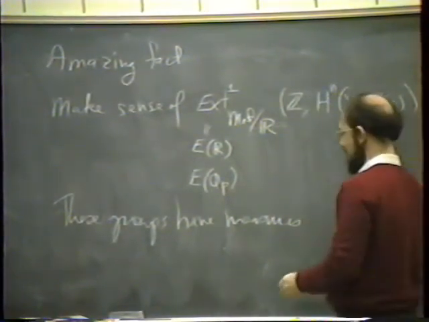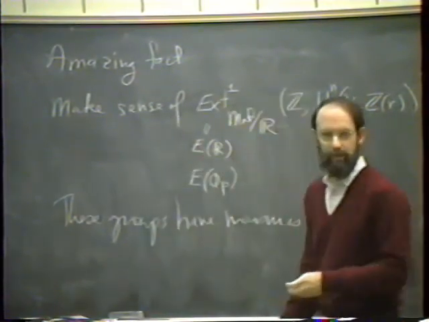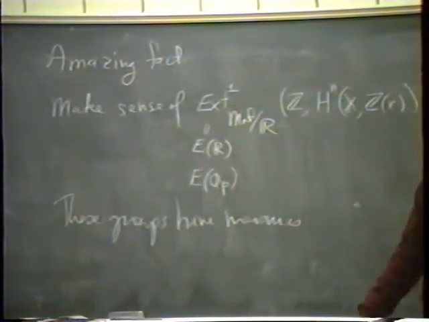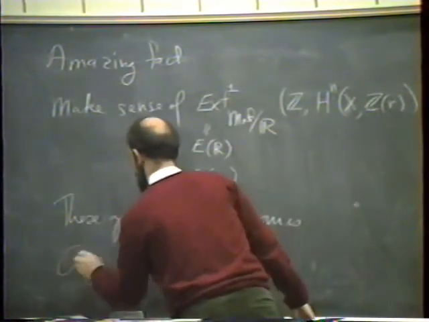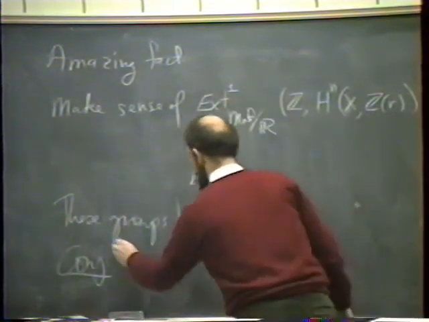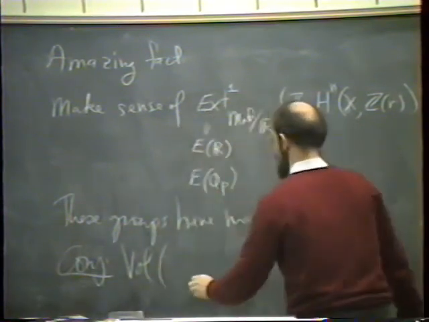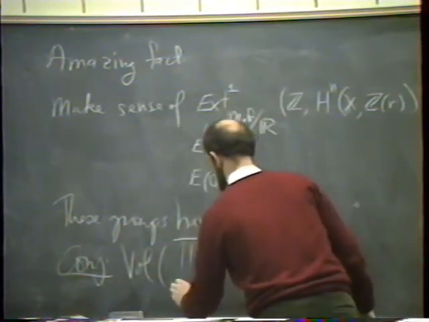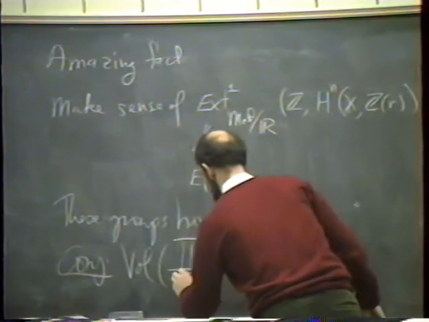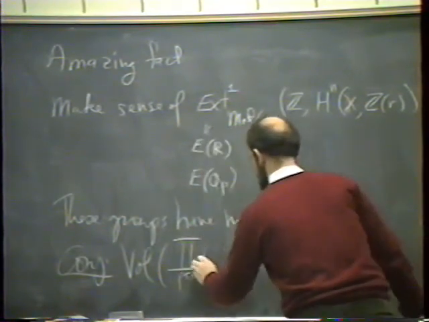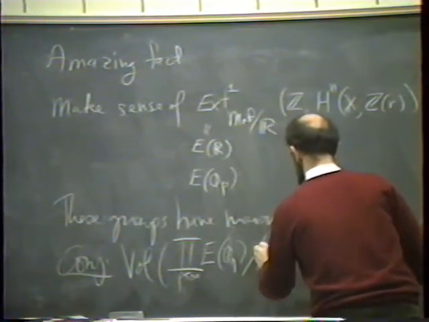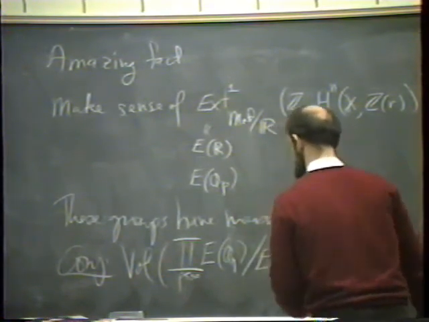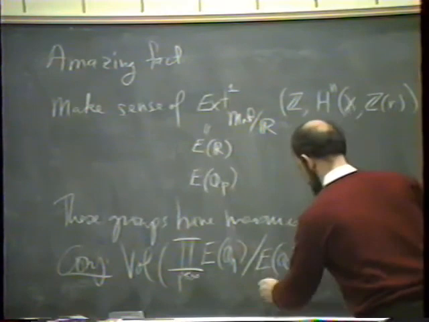and one can conjecture and prove in a limited number of very special cases that if one looks at the volume of the product, or restricted product, over p less than or equal to infinity of the E(Q_p) modulo E(Q), and therein hangs the tail.